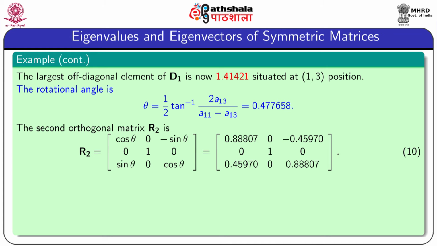So, using this theta, the second orthogonal matrix R2 is a 3 by 3 matrix whose first row is cos theta, 0, minus sin theta, second row is 0, 1, 0, third row is sin theta, 0, cos theta. After simplification, the matrix R2 is given by equation 10.